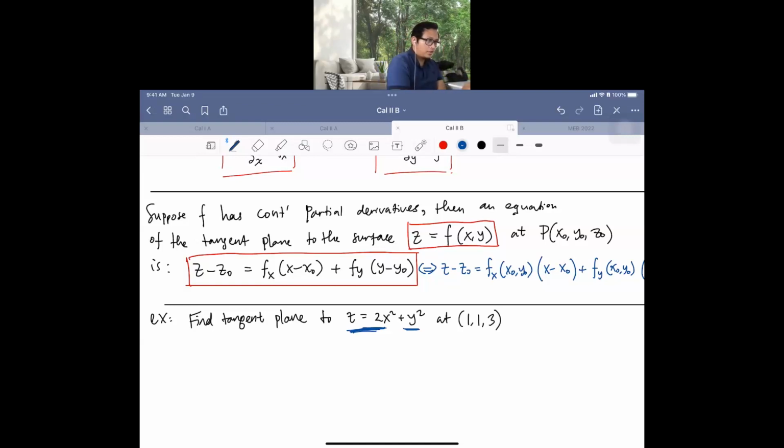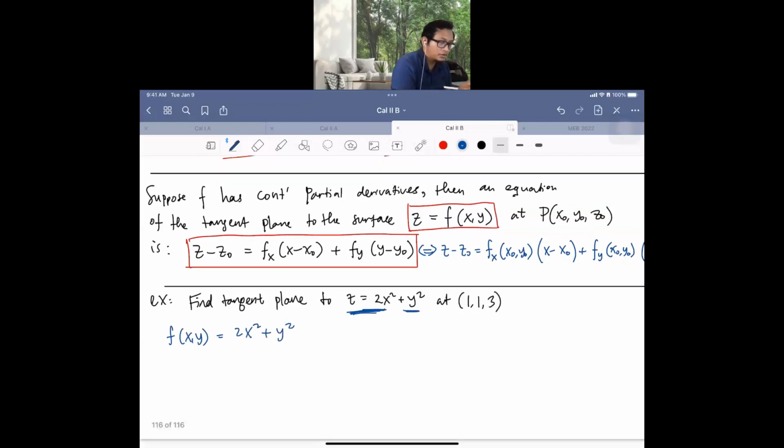So if we have our function as 2x squared plus y squared, then each of the partials we can find. So partial x is just 4x, and partial y is just 2y. At 1, 1 partial x will be equal to 4, and at 1, 1 partial y will be equal to 2, right? So 4 and 2.